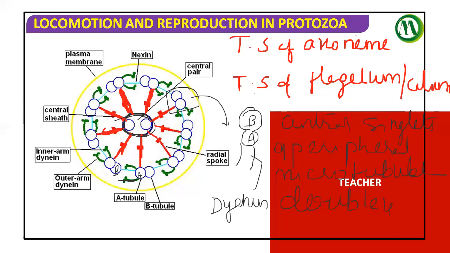Likewise, always you see here, this is the A and this is the B. That means each time the dynein arms are facing the B microtubule of another microtubular doublet. So that is to be remembered.